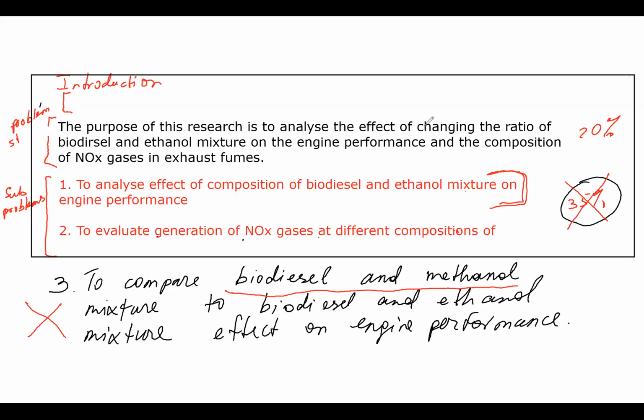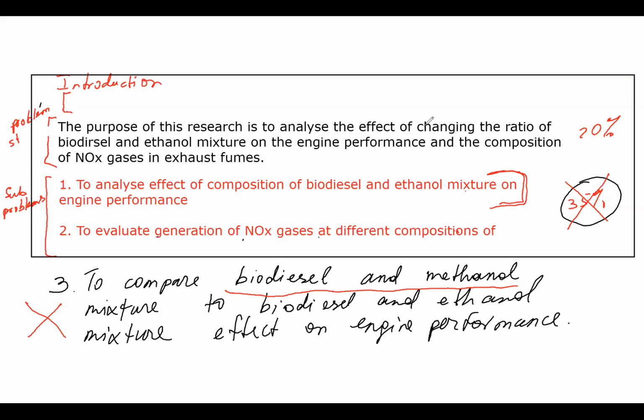There is a saying: if you don't know where you are going, how do you know you have reached there? So if you don't have that goal, that plan, that statement, how do you know you have finished, you have done your research already? So you are still fuzzy about it.